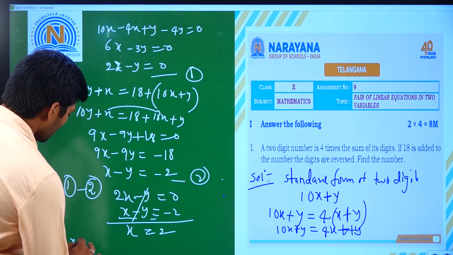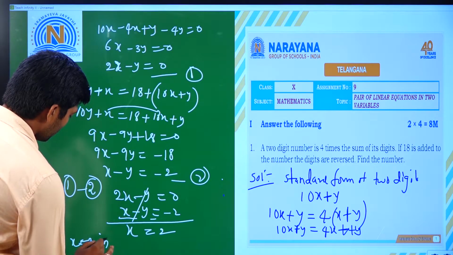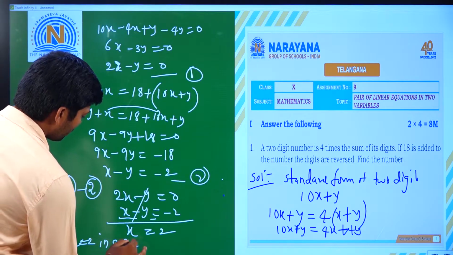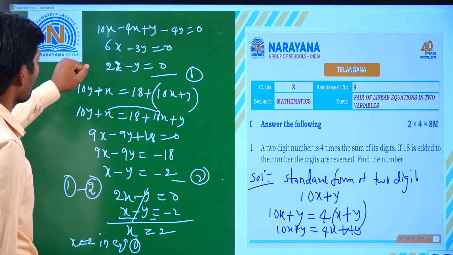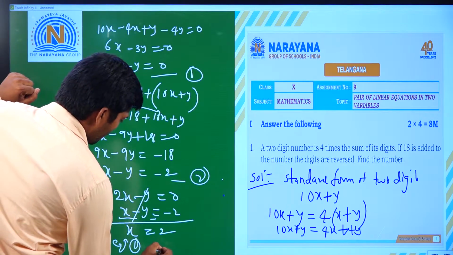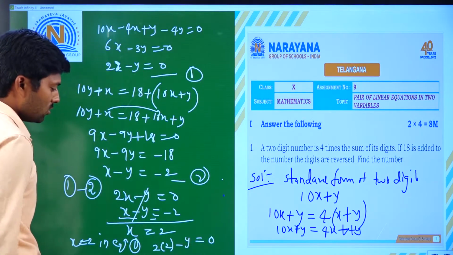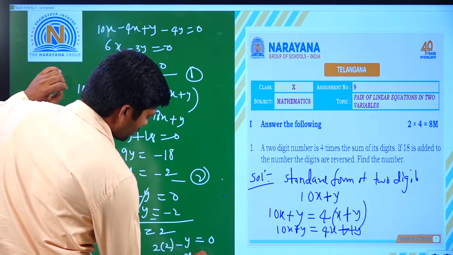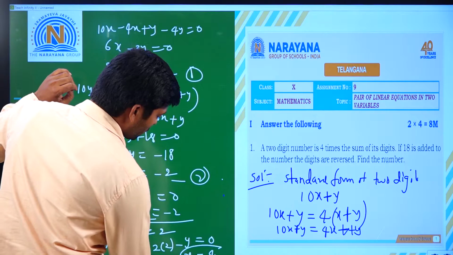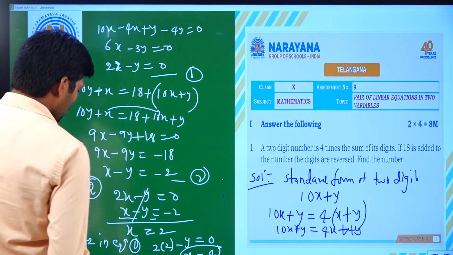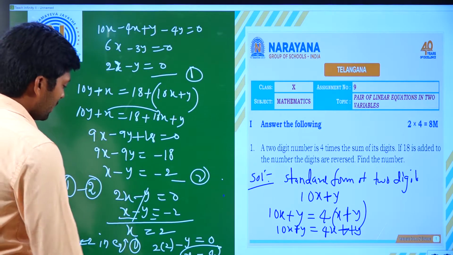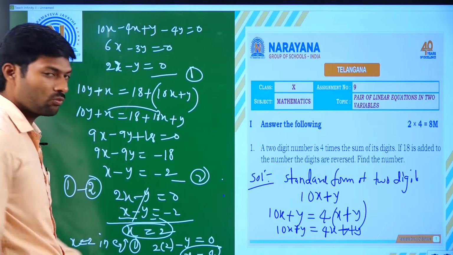Substitute x is equal to 2 in equation 1. So 2 into 2 minus y is equal to 0. So y is equal to 4. So x is equal to 2 and y is equal to 4.